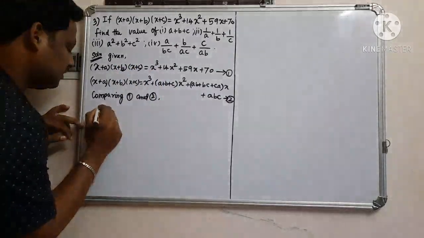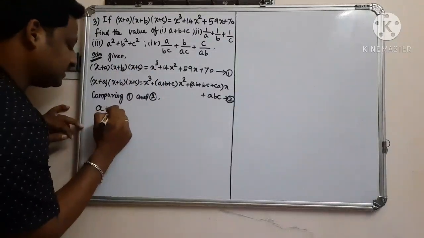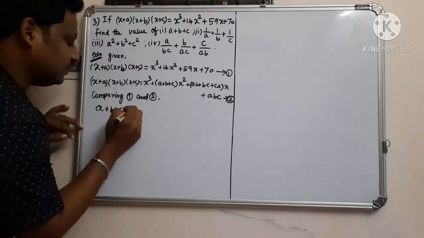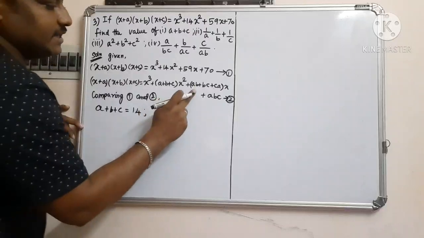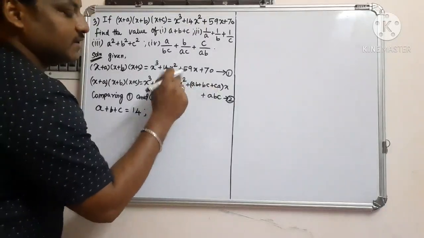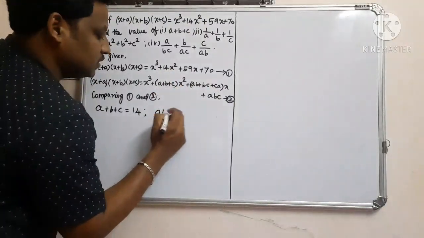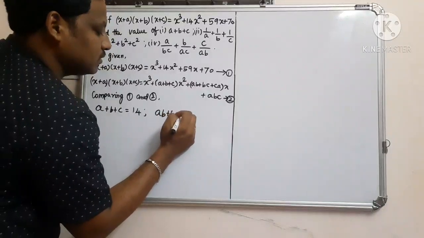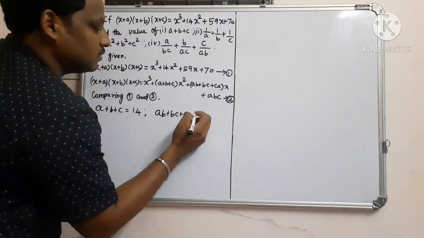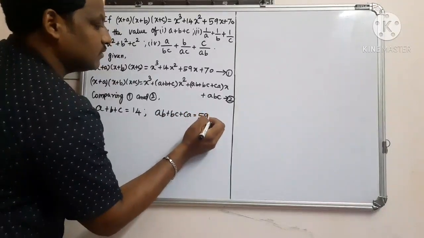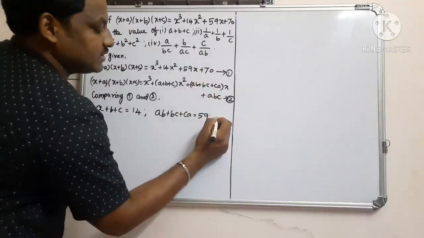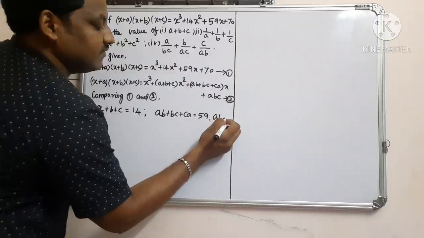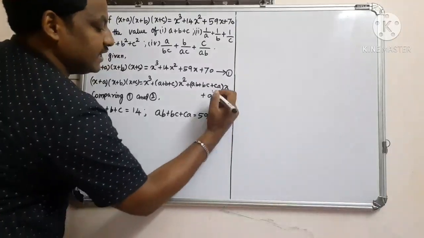So we can find the value a + b + c is equal to 14, and then ab + bc + ca is equal to 59, and then abc value is equal to 70.